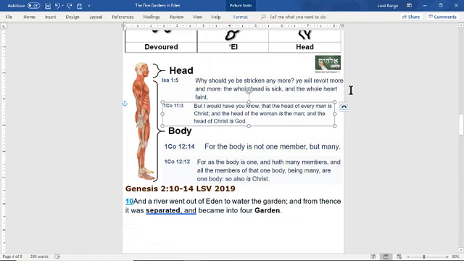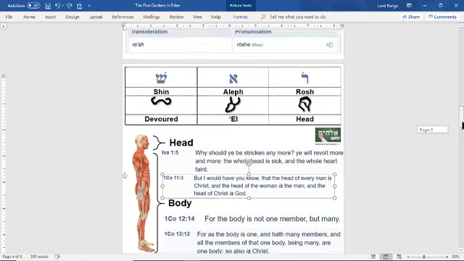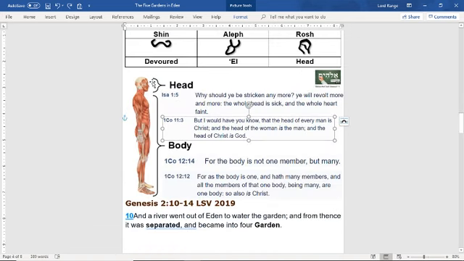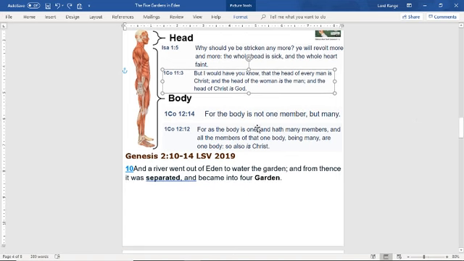And again, I have this image here just representing the head and a body. So when you go back up to where it says, "And it became four heads," these four heads are basically four captains, four chiefs, and they govern over a body. They are a head of many members that make up one body. And then I just have these verses again.